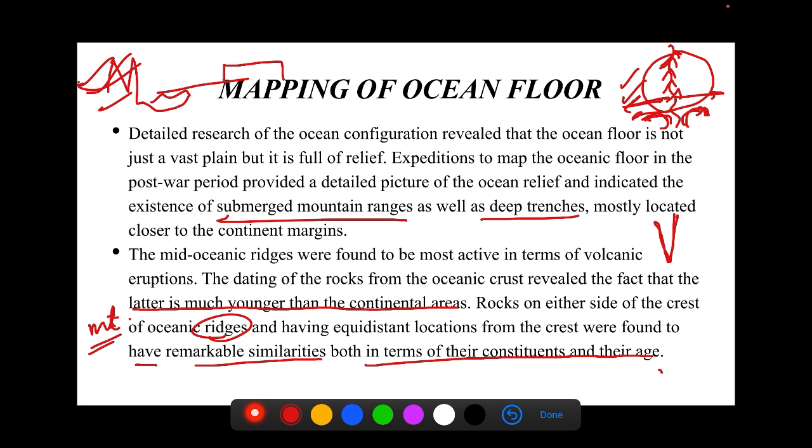What is it stating? Like this is the oceanic ridge. If this rock strip is present at 500 kilometers, and a similar rock strip on the right side is also at 500 kilometers, these are of the same age and same constituents.